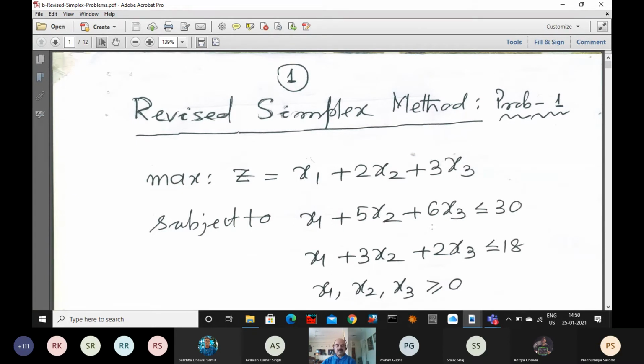Maximize z equal to x1 plus 2x2 plus 3x3. See, when we are framing the question, we write like this. I am avoiding superscript and subscript because I will set the question paper, somebody will cut and paste it into a system, and there will be confusion.